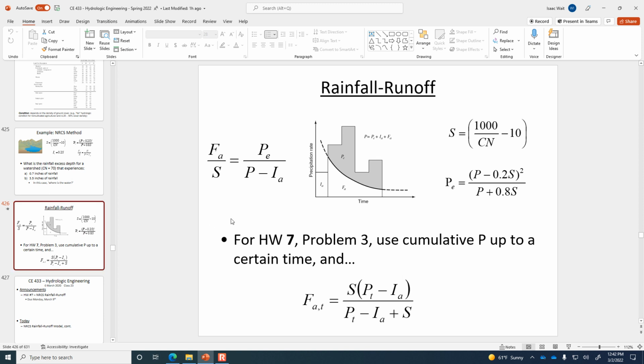But what does vary is how much precipitation there's been up to a certain point. So if we were to take this rainfall hydrograph as an example, then we can find out how much precipitation there's been up to a certain point in the storm by putting it into this formula. And that's what that question asks you to predict. Remember, F is the infiltration amount.